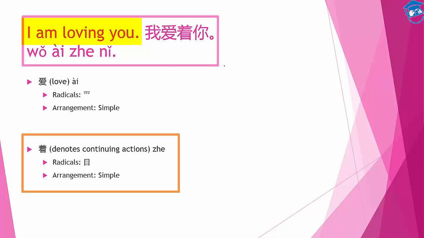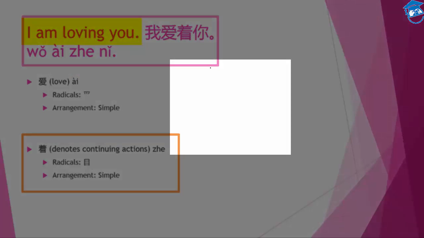So here's how to write 着. 1, 2, 3, 4, 5, 6, 7, 8, 9, 10, 11, 着.